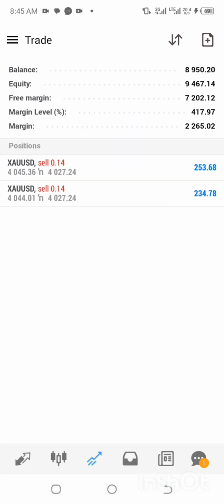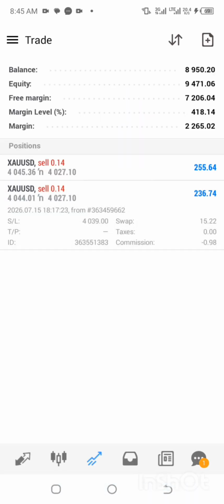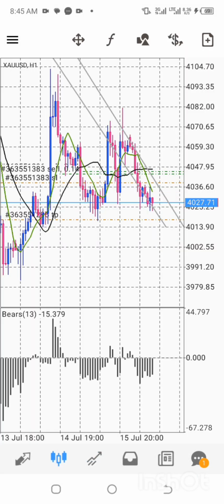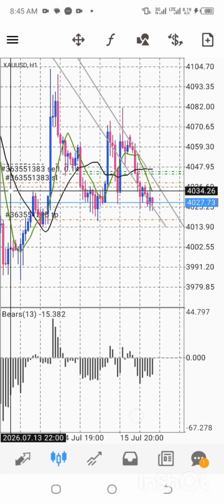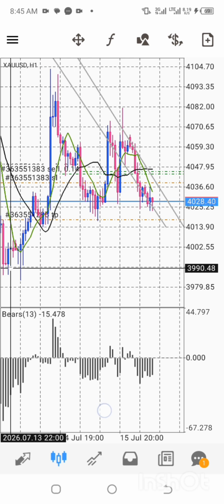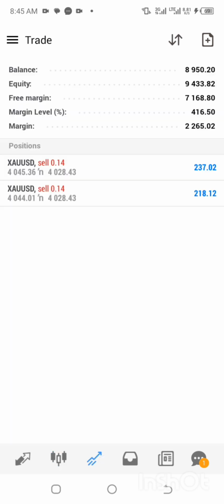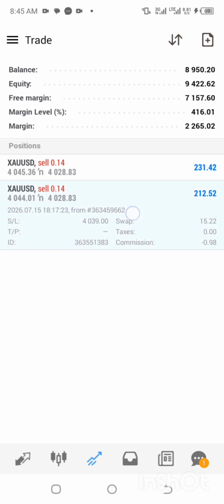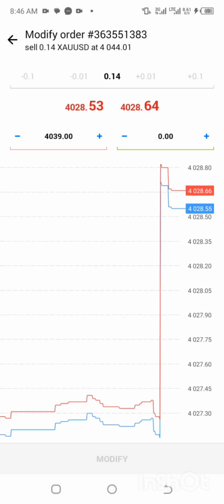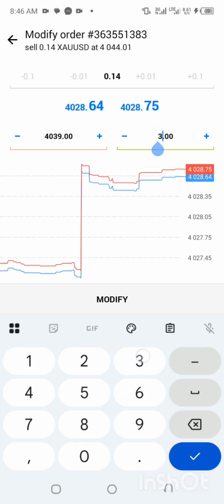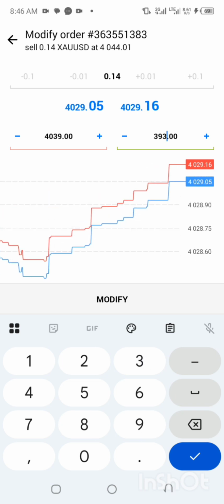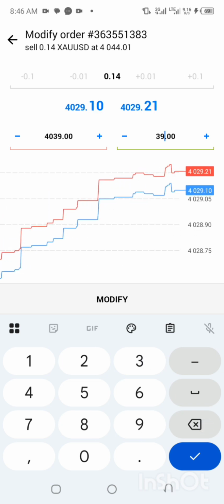Then this second one we'll put at 39.90. Modify. At 39.90.